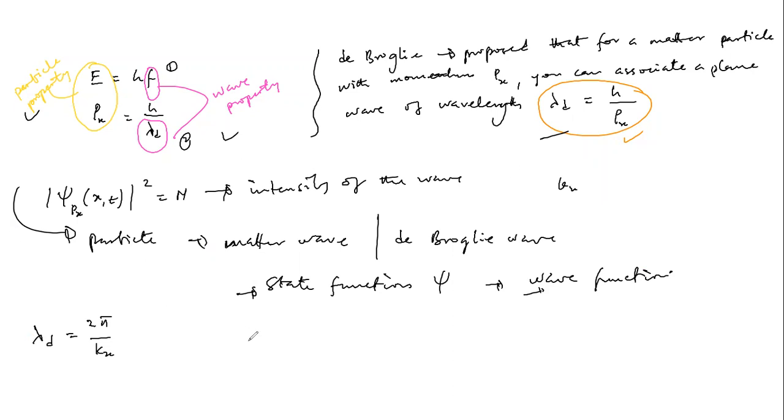So if we have 2 pi over lambda equal to p sub x over h cross, then lambda is 2 pi h cross over p sub x, which is h over 2 pi times 2 pi over p sub x.